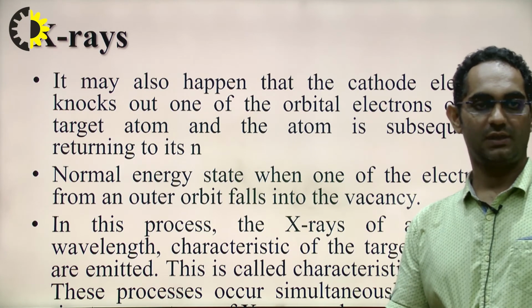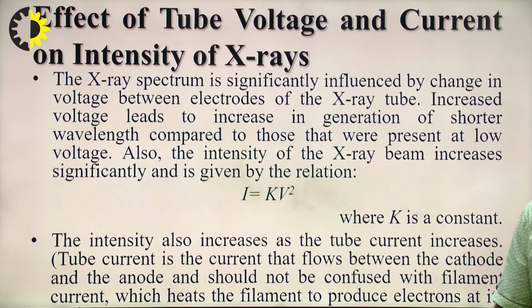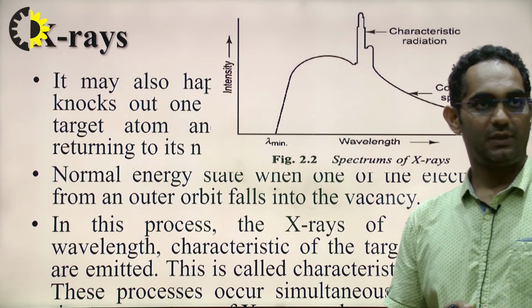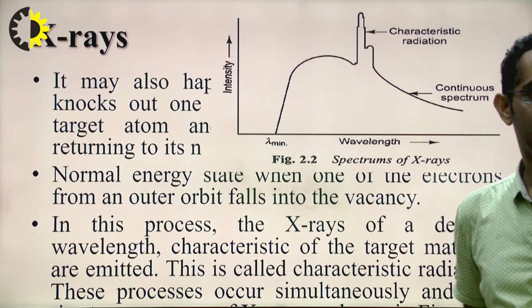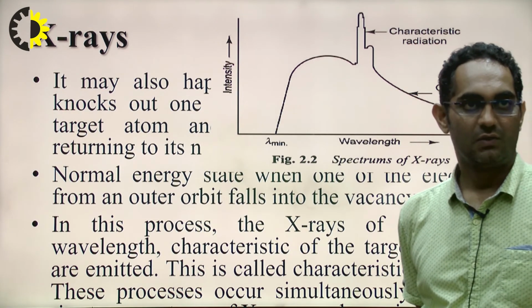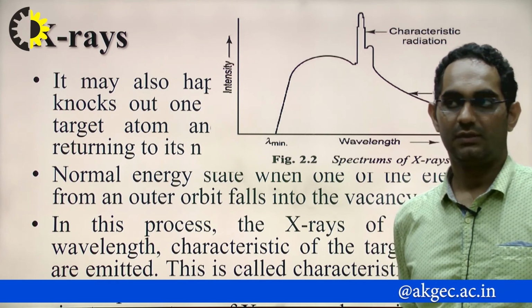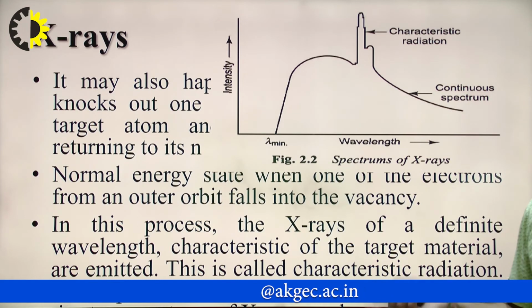These processes occur simultaneously and give the best results. So, this is the intensity and this is the wavelength, from lambda minimum to lambda maximum.